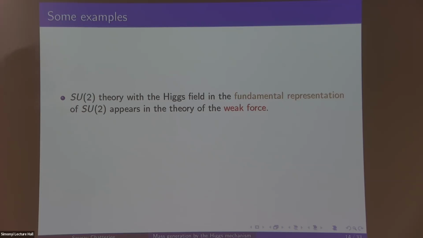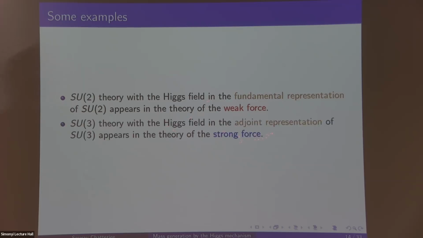There are four fundamental forces: electromagnetic force, weak force, strong force, and gravity. For the strong force, you need the SU3 theory with the Higgs field in the adjoint representation of SU3. The fundamental representation doesn't work; you need the adjoint representation. That's what comes in the theory of the strong force.